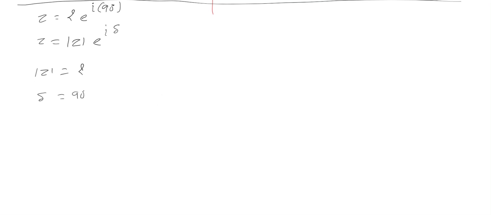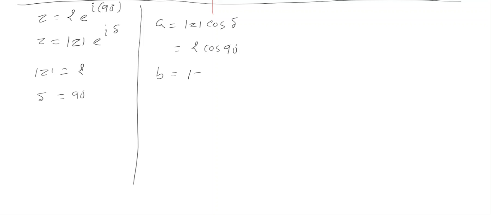Okay. So what is the real part? A is mod z cos delta, that is 2 cos 90. B is mod z sin delta, that is 2 sin 90. You can find out A and B, and then you can write z as A plus IB. So this is one form.